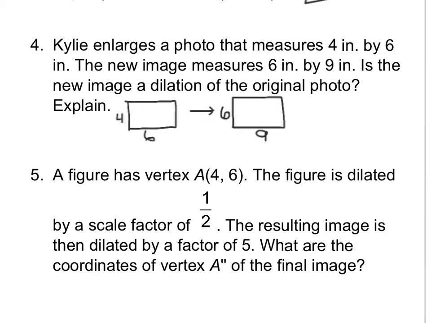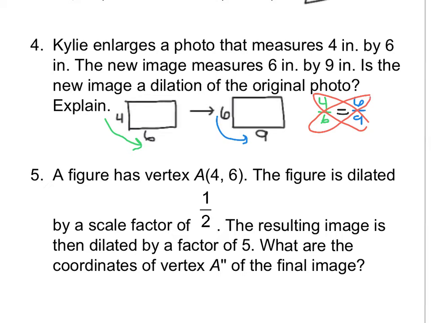So I'm going to set up some fractions. My first fraction is going to be 4 over 6. My second fraction is going to be 6 over 9. And I'm going to check if these are actually equal. So I can do that by cross multiplying these two numbers.